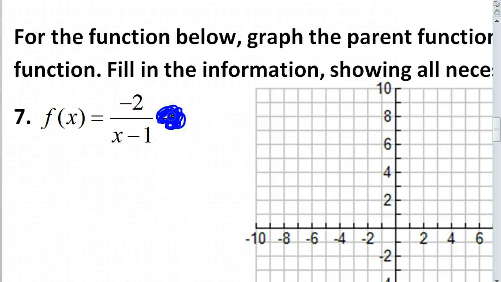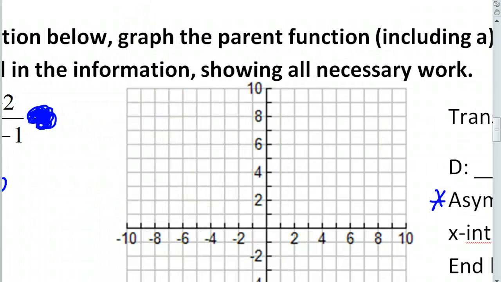So just scribbling out that -1 for a second, you would think of it as, look, the top degree is less, because it's degree 0 and degree 1. So what's usually the horizontal asymptote when the top degree is less? 0. That's when it's usually 0. So normally the horizontal asymptote would be y equals 0, okay? That would be right here on the x-axis.